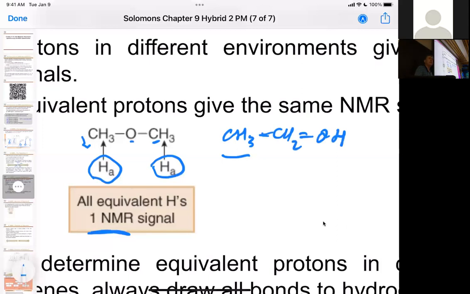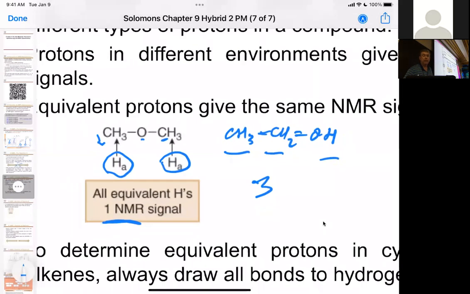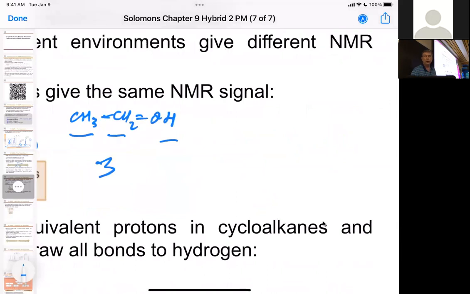That's not the same as any other hydrogen there, so this is going to give a signal. And we have this, which is a signal. So we actually have 3 signals here. Okay, so what about this?